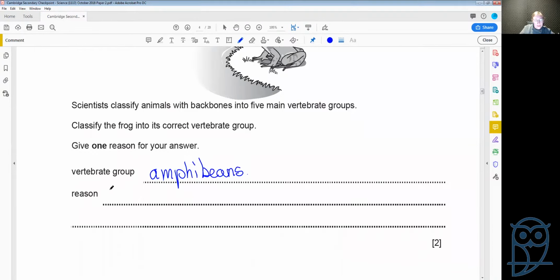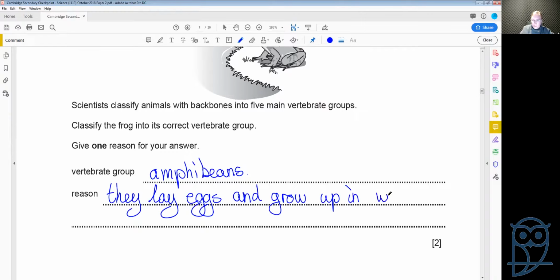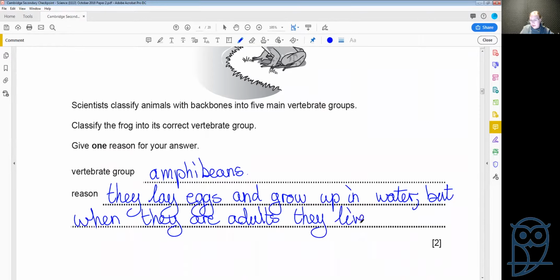So they lay eggs and grow up in water. For adults, they live on land.